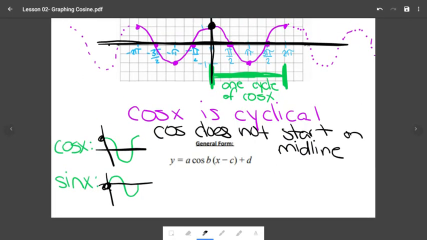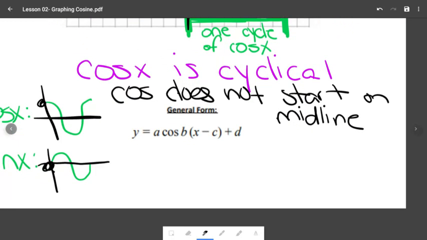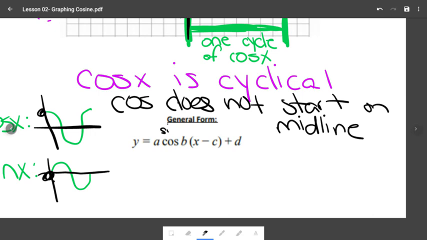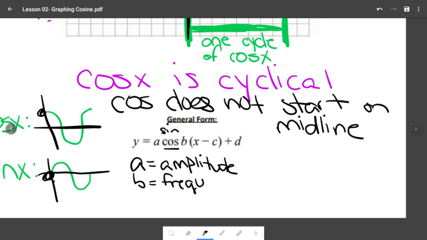So here we have the same general form as we had for sine. The only difference is now instead of that saying sine, it says cosine. A, B, C, and D still stand for the same pieces. A is still the amplitude. B is still the frequency, which remember frequency is how many cycles are completed in a length of 2 pi.